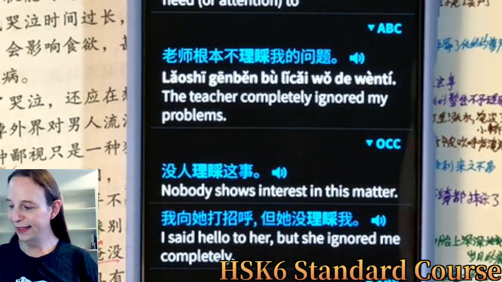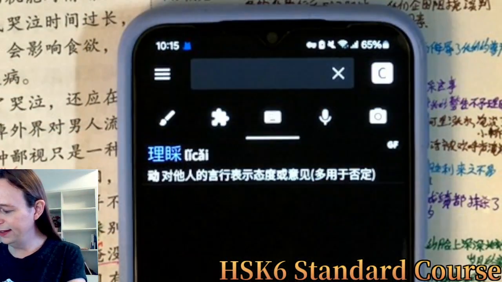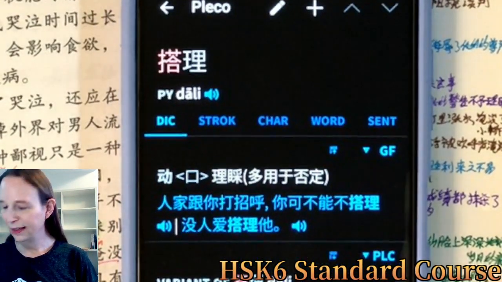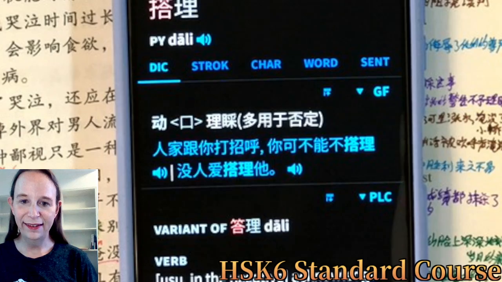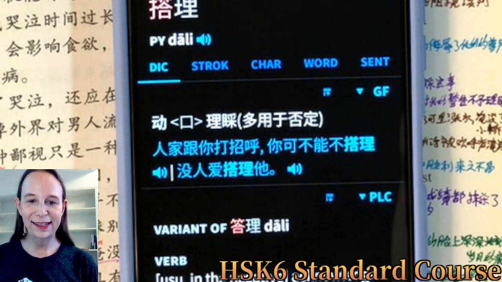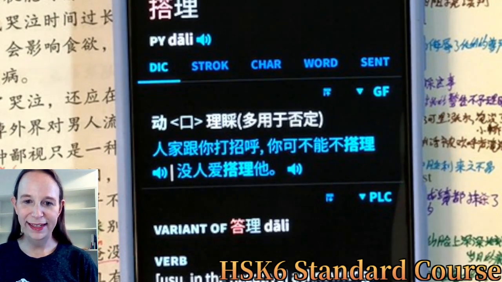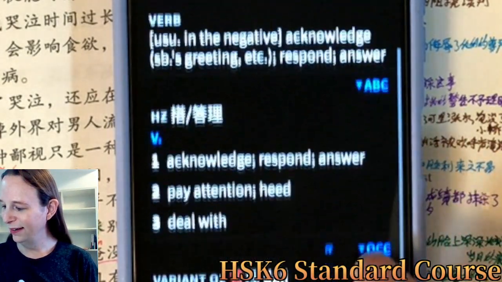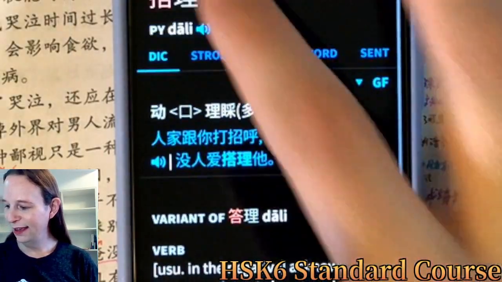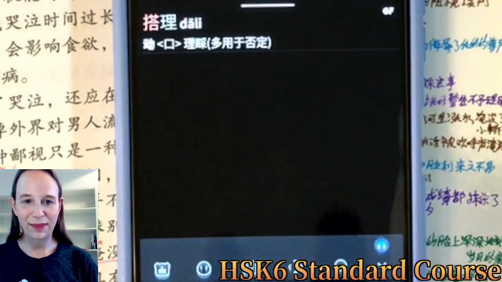We need to know it exists, and we need to know other variants exist, like 大理. Oh, 大理 defined as 理睬. Okay. 没人爱搭理他. No one likes to 搭理. Pay attention to him. I don't know. Acknowledge his existence.